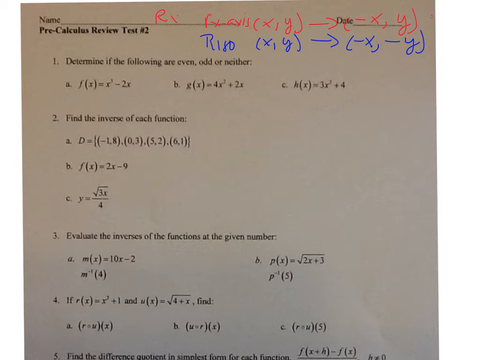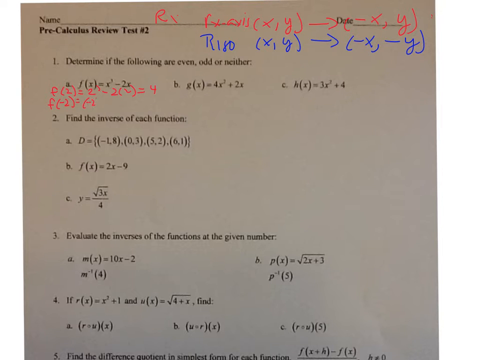So I have f of x is equal to x to the third minus 2x. All right, so I'm going to do f of, let's pick 2. So I have 2 to the third minus 2 times 2. So 2 to the third is 8. 8 minus 4 is 4. And now I'm going to do f of negative 2.